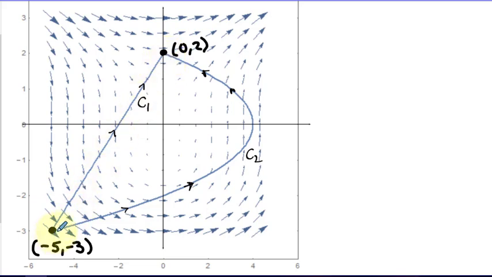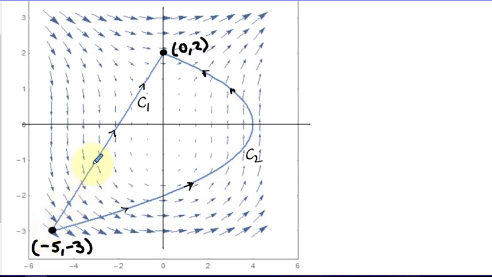And what I could see here is, why did the answer come out negative? It's because along this path, most of these vectors that come from this vector field are pointing in a direction opposite to which I'm traveling. Or, the components of each of these vectors, like I'll pick this one right here, the component that is parallel to the path is going to be in a direction opposite to the direction in which we're traveling.